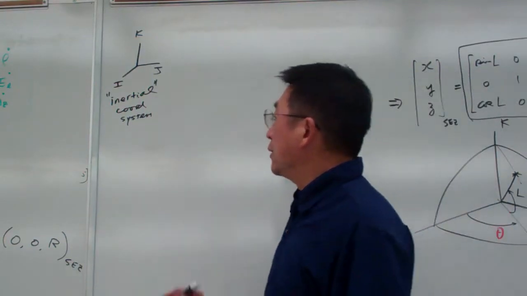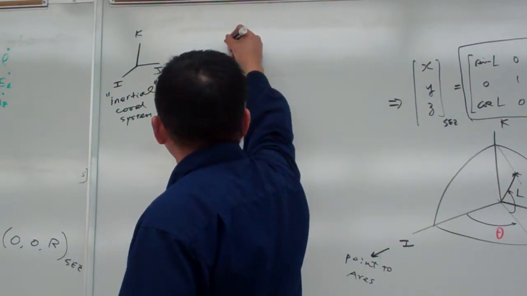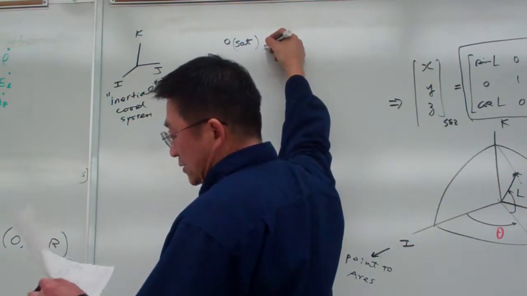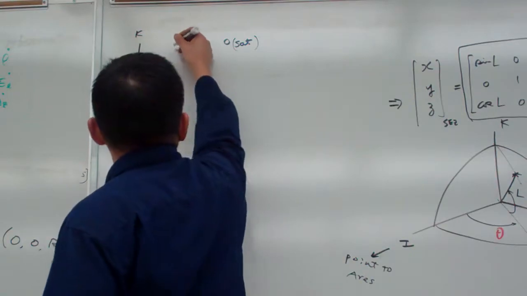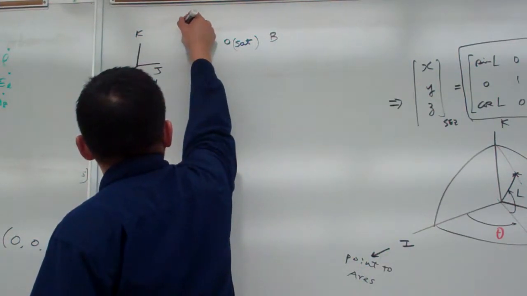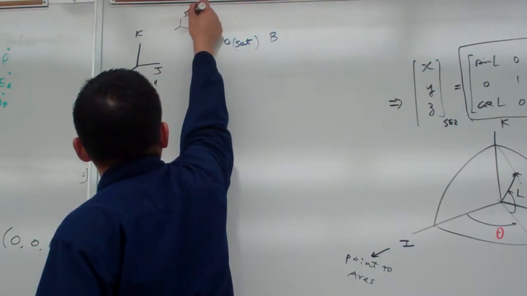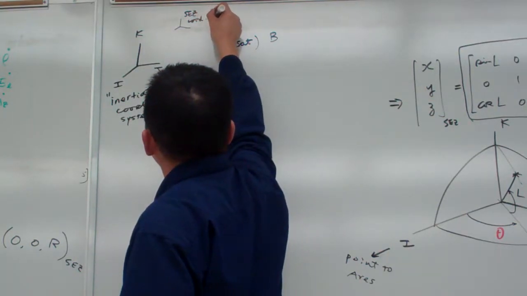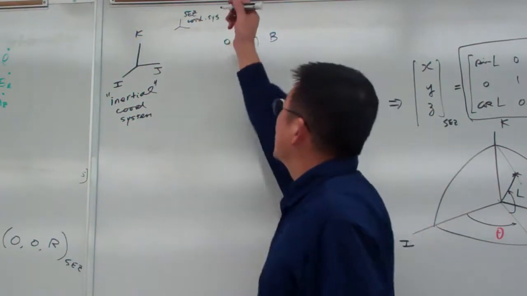From here, this is our satellite, let me say that is point A, point B. And this is our SEZ coordinate system, which is a moving coordinate system.